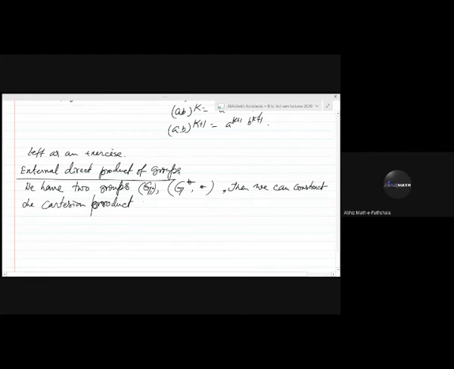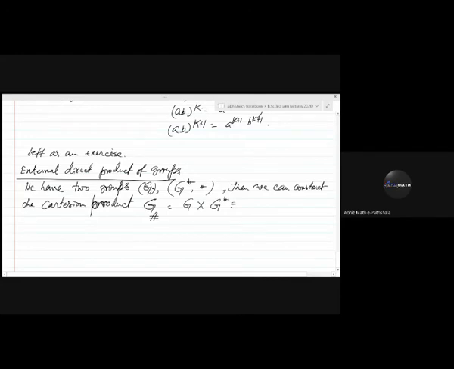The Cartesian product, suppose it is G sharp, that is G cross G star. What does it mean by Cartesian product?